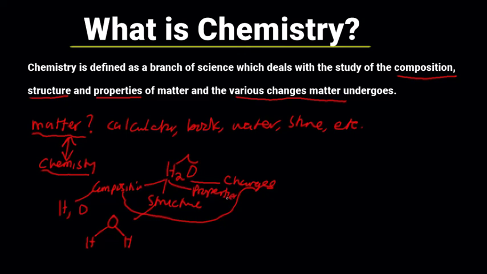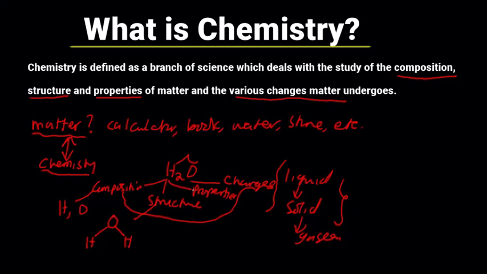Then properties of water, like water is tasteless, water is odorless. Then changes that water undergoes. You know, water can exist in 3 states. Water can be in a liquid. Now we can transform water from its liquid state to a solid state. Then we can also transform it to gaseous state.